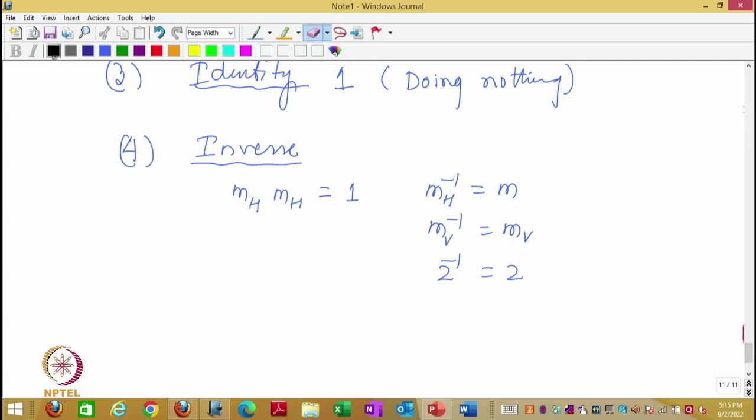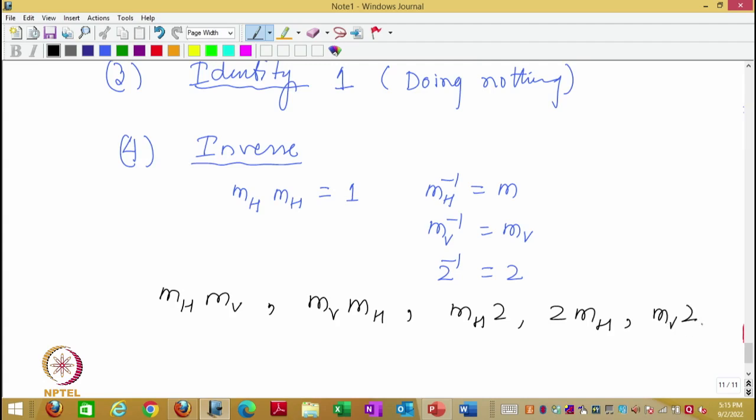So, since we have these elements, we need to ensure that MhMv, MvMh, Mh2, 2Mh, Mv2, 2Mv, these all should be part. Because they are also symmetry operations, they are also leaving the object unchanged.